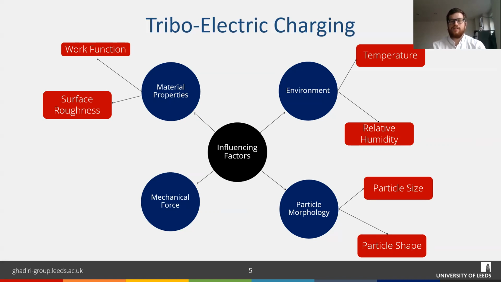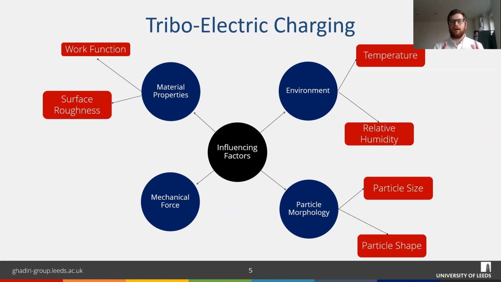This occurs where large particles gain a positive charge, whereas smaller ones are more likely to gain a negative charge. And then particle shape is where, depending on the shape, it will affect whether your particles are more likely to roll, bounce, or slide.